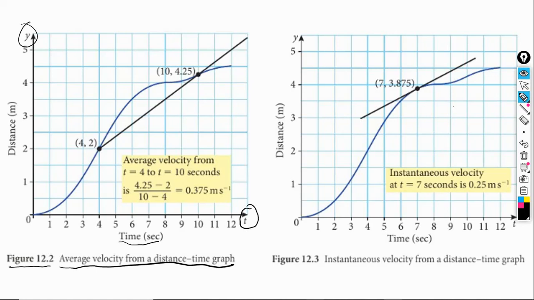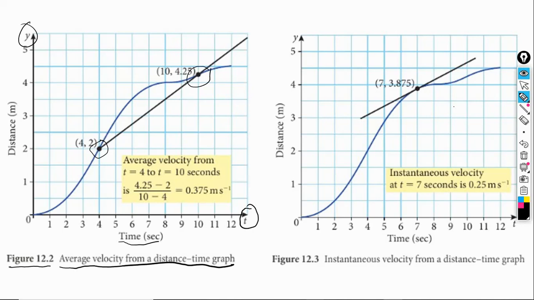If you are asked to find an average velocity of that particle within a time frame, it's a pretty simple operation. How so? Well, if you take the coordinate at 4 seconds, we can see that the distance was 2, and then at 10 seconds, the distance was 4.25 meters.